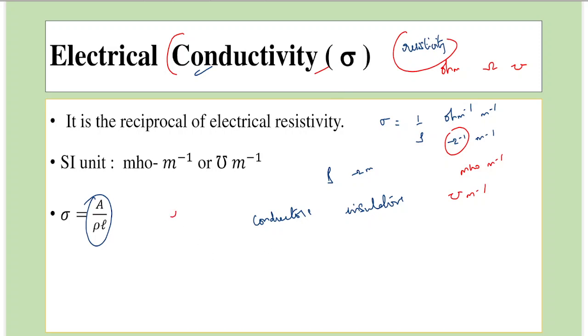So conductivity of conductors will be more than conductivity of insulators. In terms of resistivity, we can say resistivity of insulators will be more than resistivity of conductors. So properties like conductivity or resistivity help us differentiate whether a given material is a good conductor or a bad conductor.